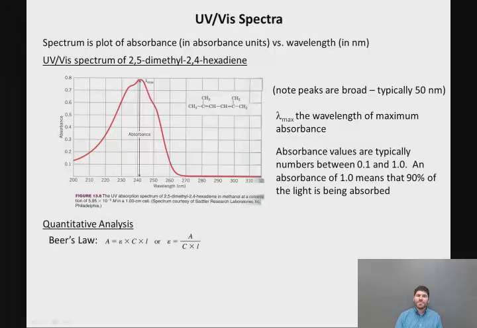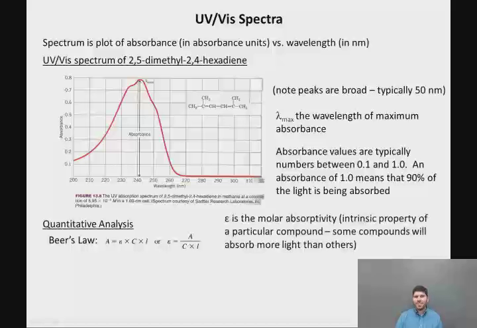What is potentially most useful about UV-Vis spectra is that these spectra are useful for quantitative analysis. There's a law called Beer's law, which states that the absorbance is equal to epsilon times C times L. Epsilon is called the molar absorptivity, which is also sometimes called the extinction coefficient.